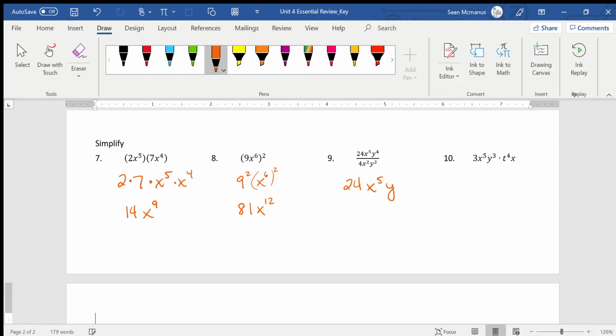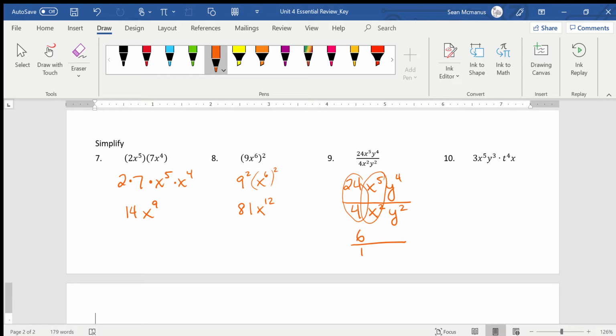So here we have 24x to the 5th y to the 4th over 4x squared y squared. I'm just going to write this one because it's pretty small. I wrote this over to make it a little bit bigger, and I'm going to focus piece by piece. So 24 over 4, that is just a 6. I could make it 6 over 1. For the x's, I have 5 on top and 2 on the bottom.